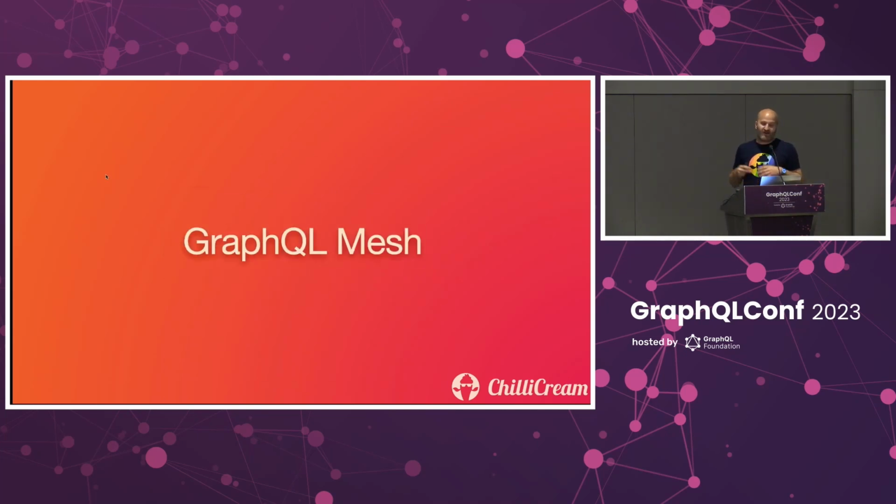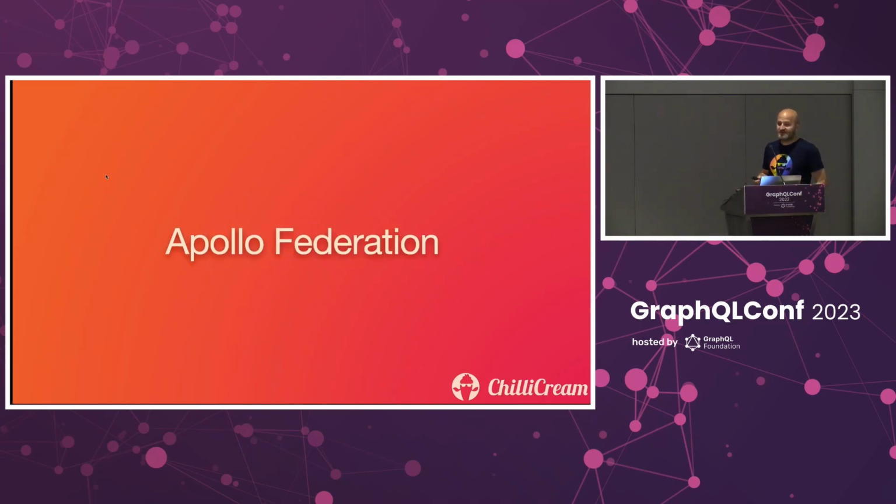There is GraphQL Mesh, which also is a great solution. It lets you aggregate not only GraphQL, but also OData and OpenAPI and whatnot. And then there is Apollo Federation, another approach that had another take on federated GraphQL APIs or distributed GraphQL APIs.